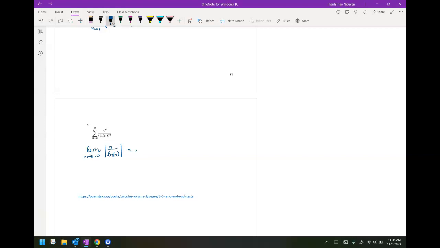So this is just the limit as n approaches infinity of n divided by ln of n. And we use L'Hospital's rule here. The derivative of n equals 1, the derivative of ln of n equals 1 over n. This equals infinity. So then the series is divergent.